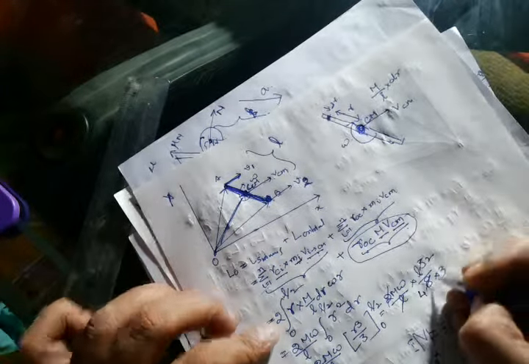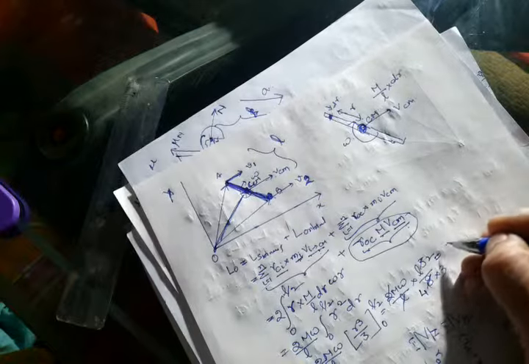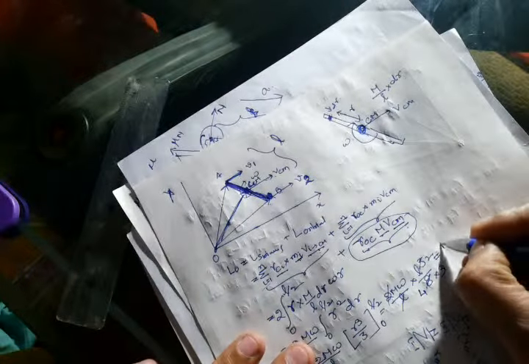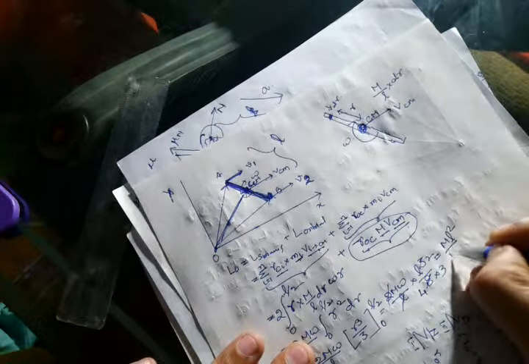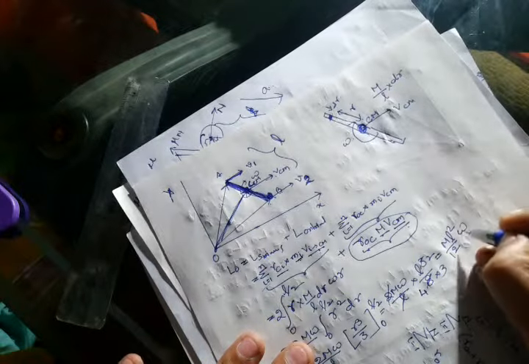So this will be m L square over 12 omega.